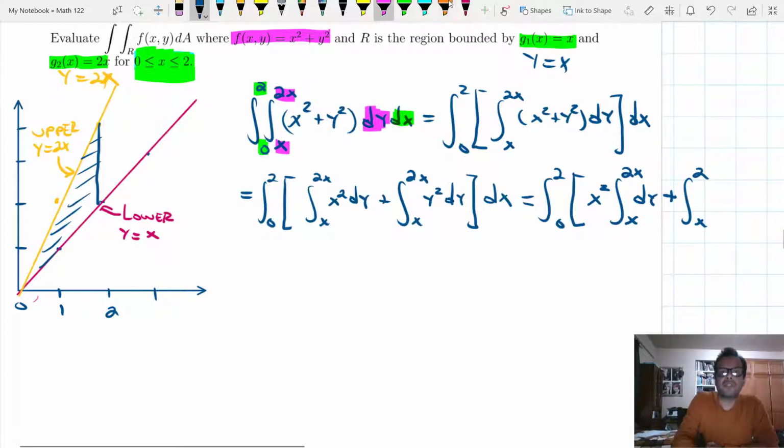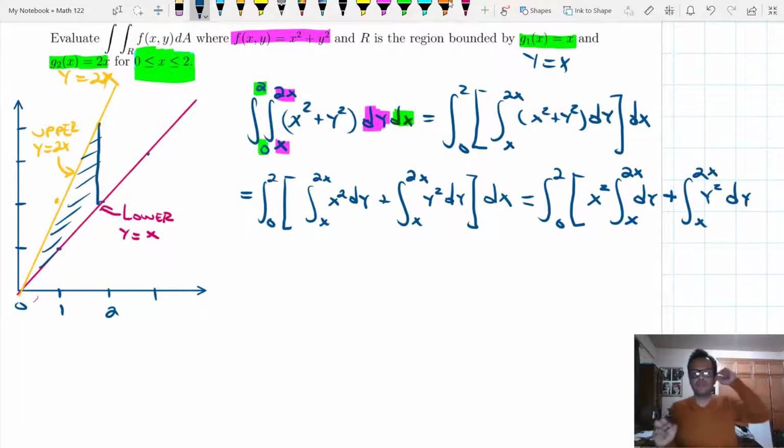In the second integral, y squared depends on y, so that remains inside the integral: y squared dy, and I'm missing a dx here. It goes from x to 2x.